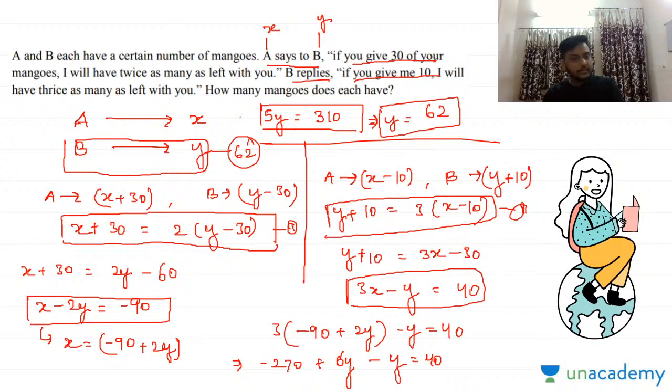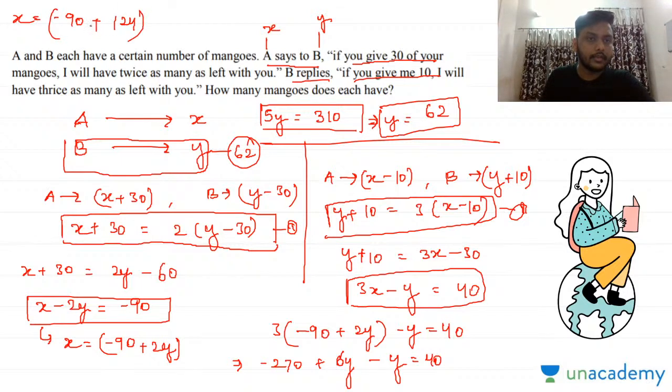And now can you find out the number of mangoes of A? That's again very simple. How to do it? You will simply say that your x is nothing but minus 90 plus 2y. So x is minus 90 plus 2 times y, that is 2 times 62. 2 times 62 is 124, and this is nothing but 24 and 10, that is 34.